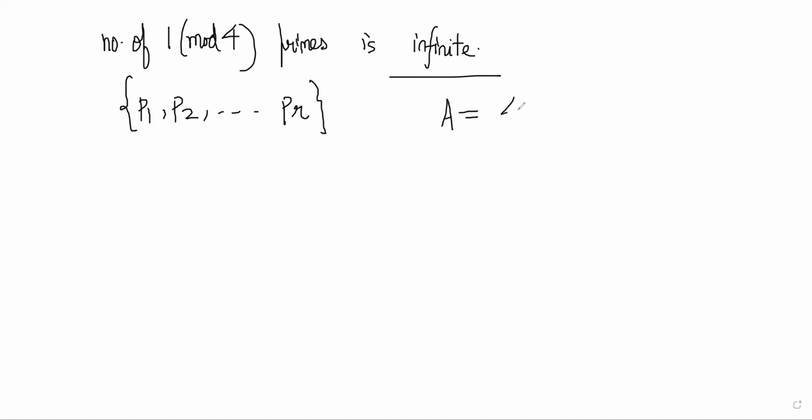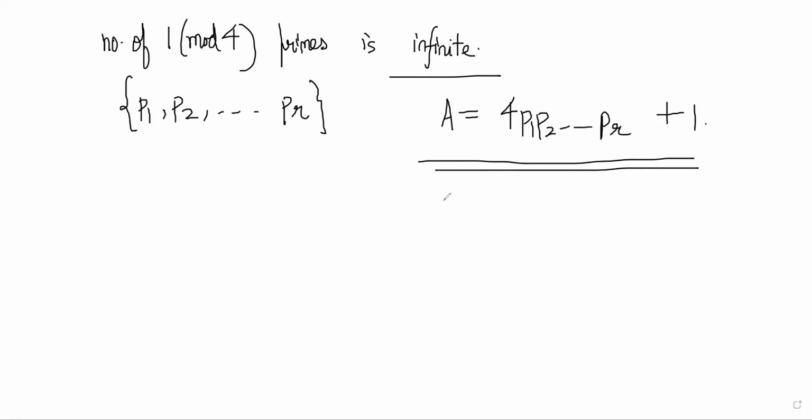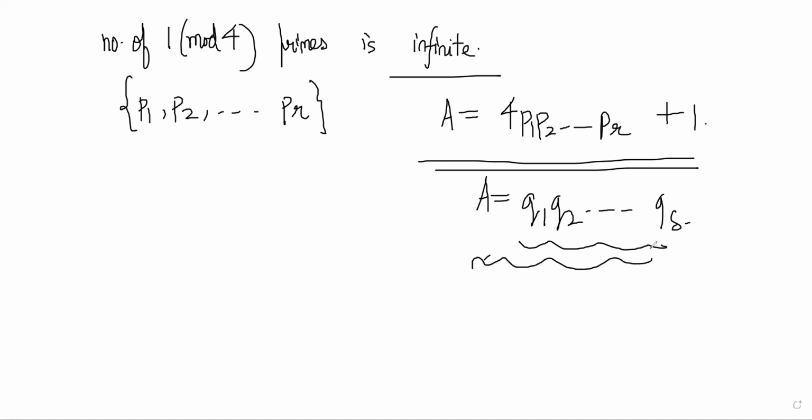I create a number here, 4 times P1, P2 till PR plus 1. This number is itself 1 mod 4, and we say that it must be a factorization of some prime numbers Q1 to Qs. The problem is in this step, we cannot be guaranteeing, we want to find a Qi here that is 1 mod 4, right?